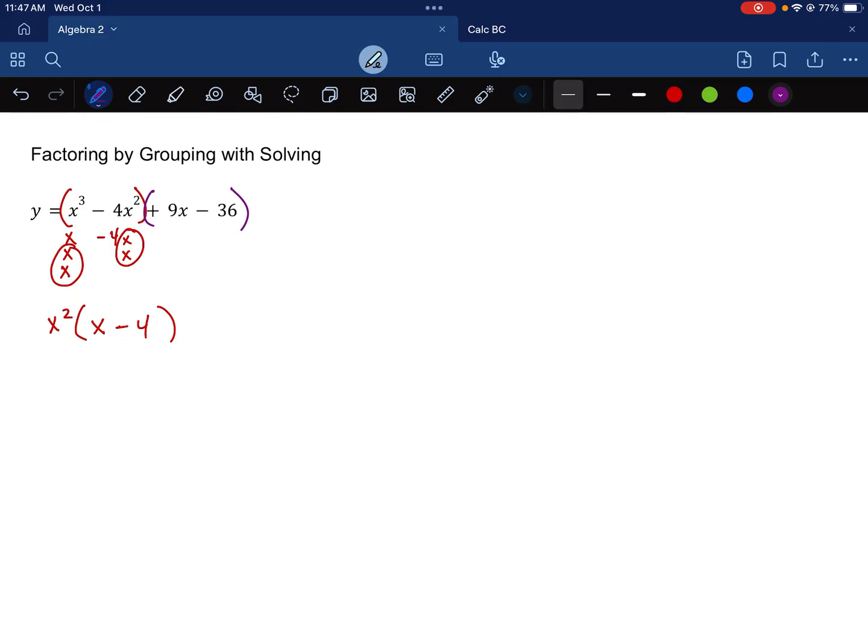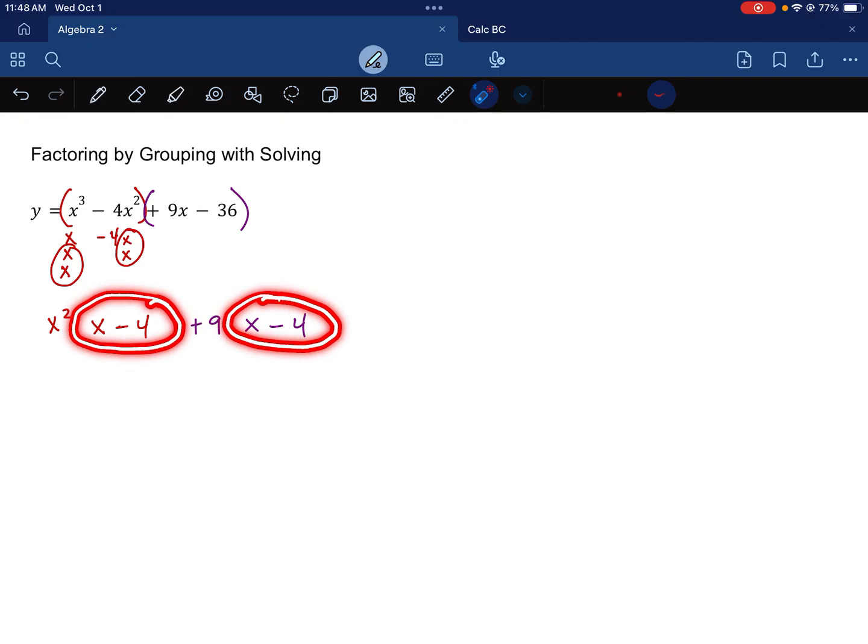And then when we look at our purple, we don't have any x's that they share, but we have a 9 and a 36. What do both 9 and 36 have in common? Well, a positive 9. So when we take our first term and divide it by 9, we get an x. When we take our second term and divide it by 9, negative 36 divided by 9 is a negative 4. So notice when you do your factor by grouping, if you've done your GCFs correctly, your parentheses will always match.